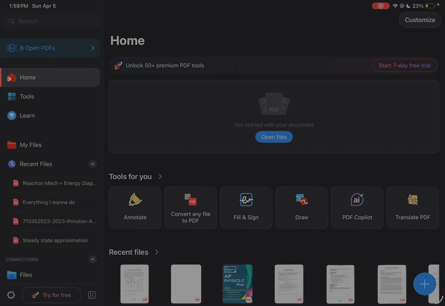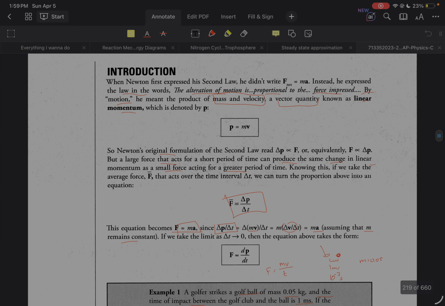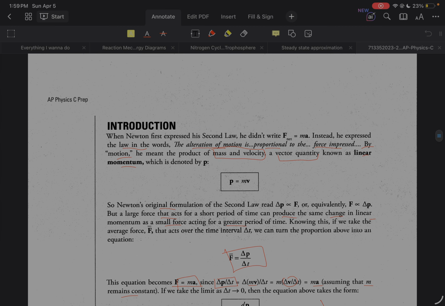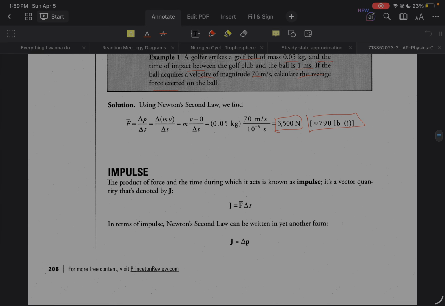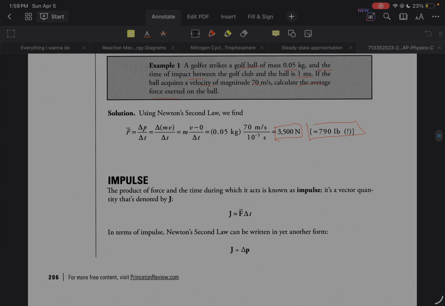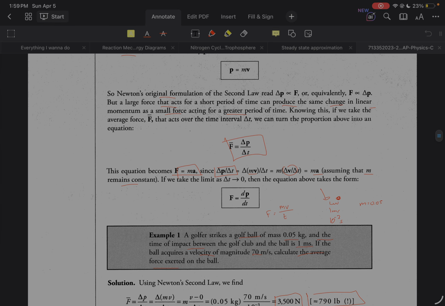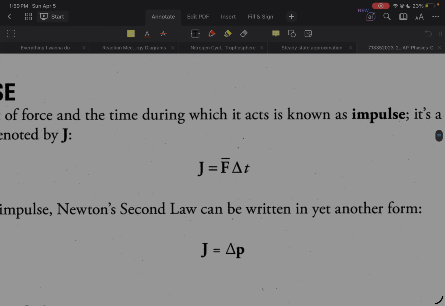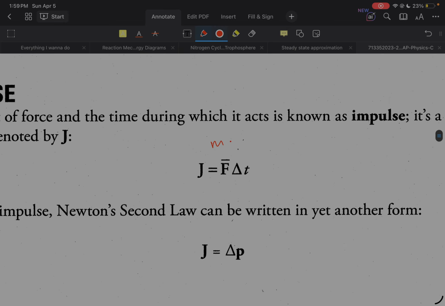When we think about it, impulse is force times time, and force is mass times a, so since we're multiplying by time, it's going to be mass times the change in velocity, and thus that would be the change of p. Does that make sense?